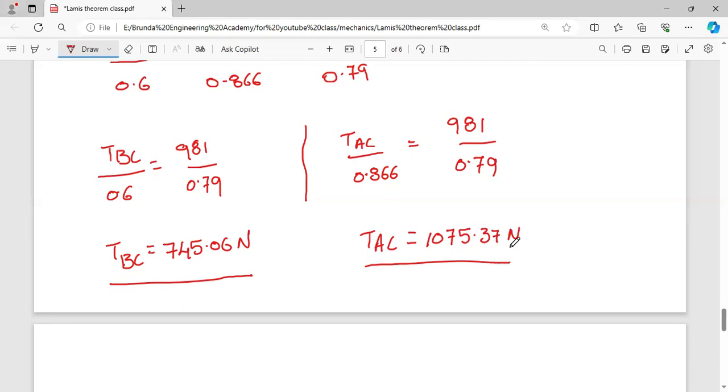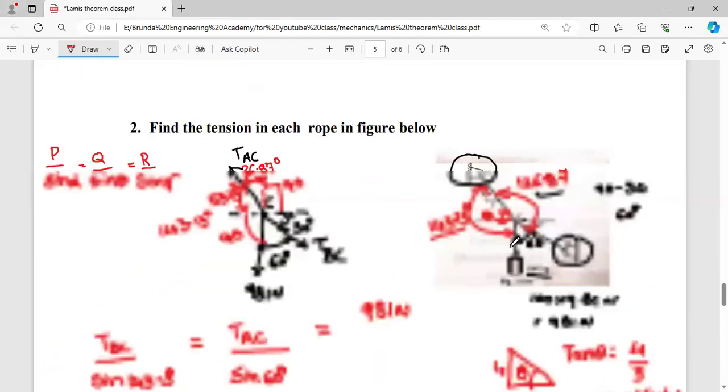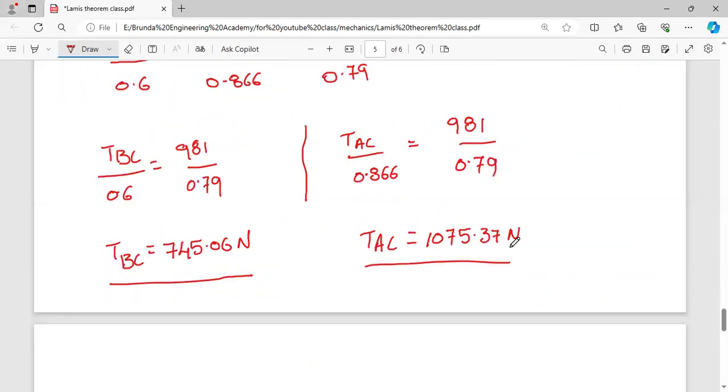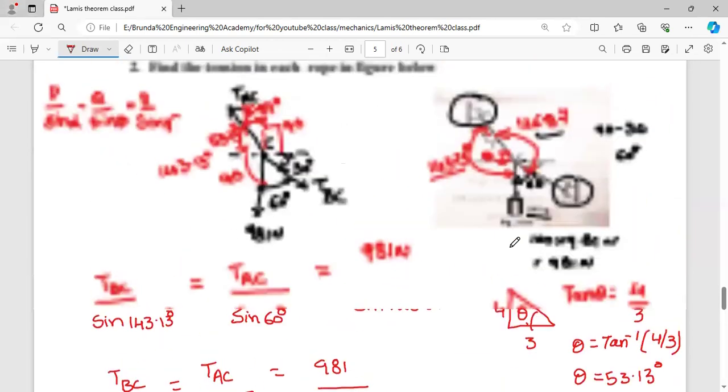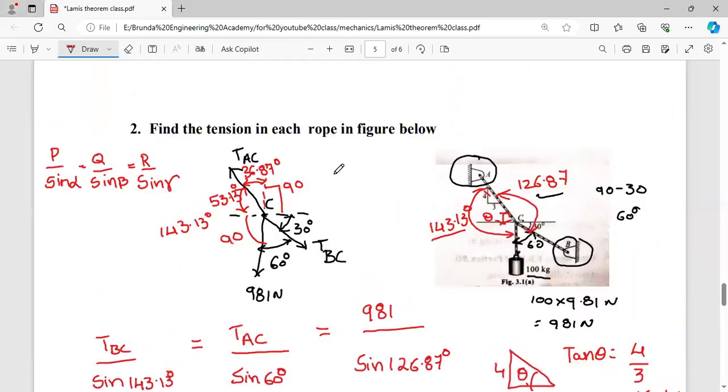It is the tension in cord AC. So this is the procedure we have to follow. While solving the problem, the important thing is you have to draw the free body diagram and identify the angles between all the three forces.